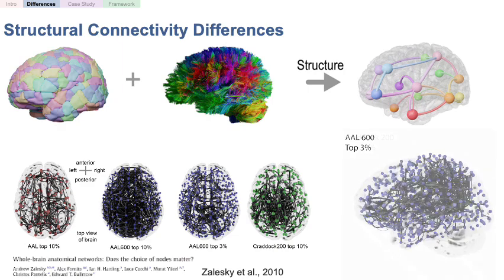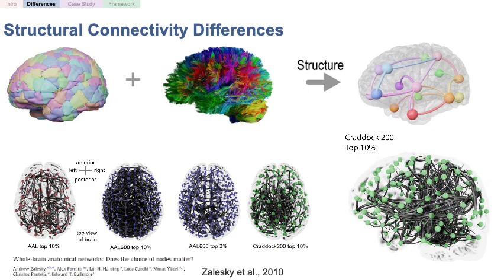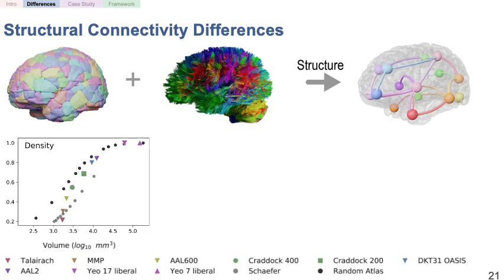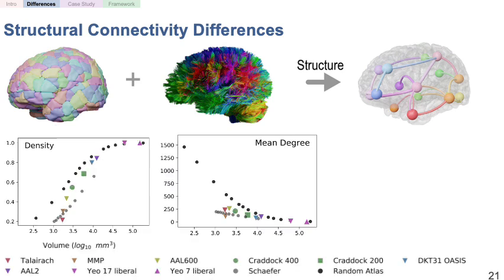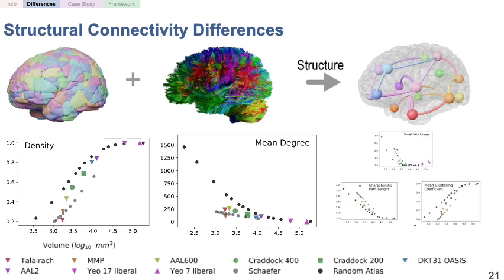And so we can visually see here that yes, networks do look different across different atlases at different thresholds. And so I looked at some simple network features such as density, mean degree, and clustering coefficient, and see how these features change at different parcellation scales in both random and standard atlases.